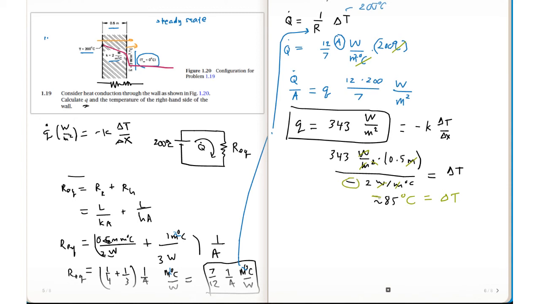It really is negative 85, knowing that this temperature is lower than that one, so it's 85 degrees less than 200. So delta T equals T minus 200. So my temperature on the right side of this wall is 200 minus 85, which is 115 degrees C.